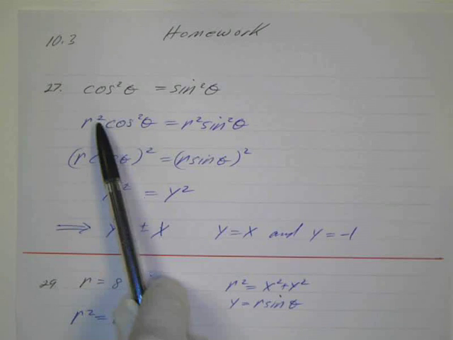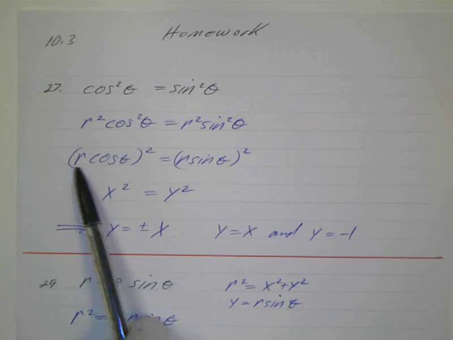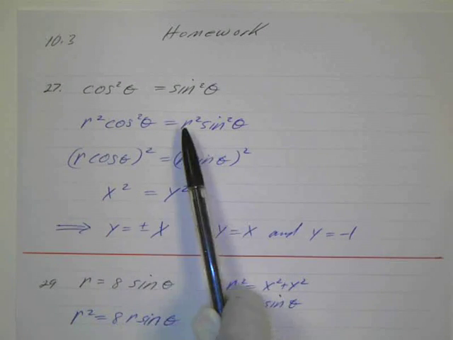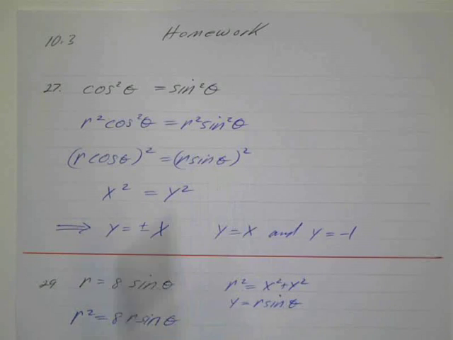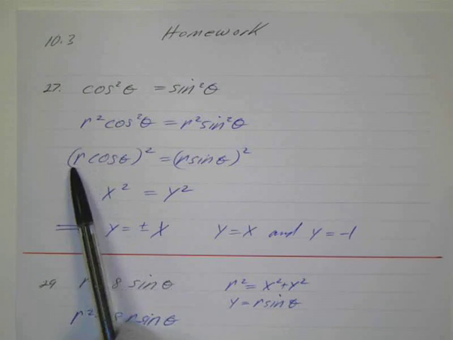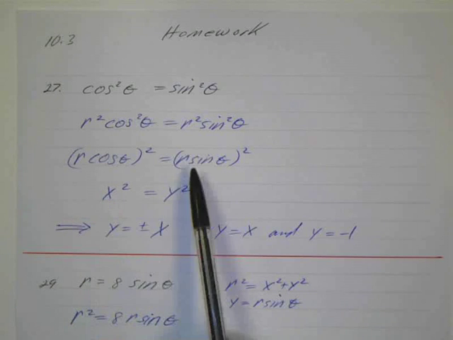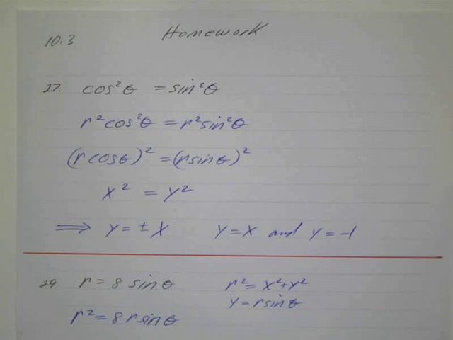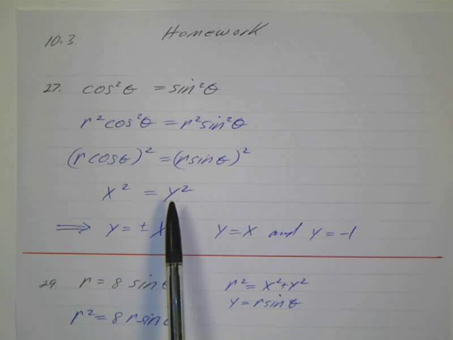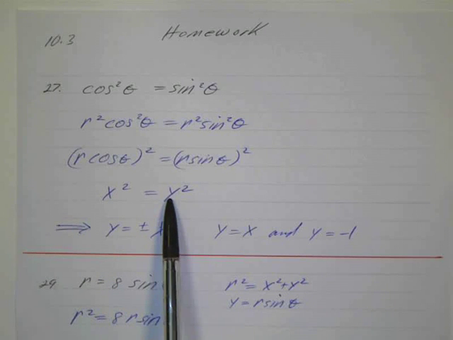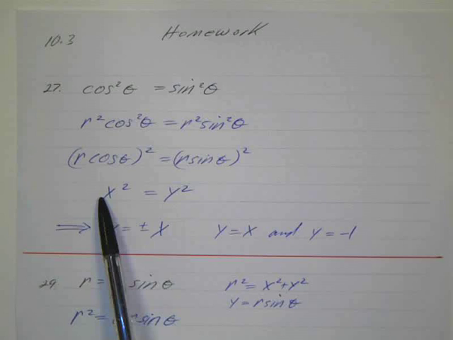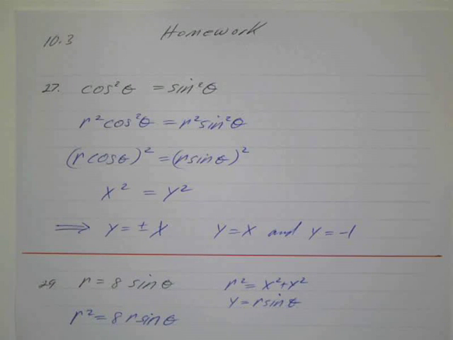Once we do that, we can rewrite this as r cosine of theta squared and r sine of theta squared, just by using our properties of exponents. But this is the same thing as x, so it's going to be x squared, and this is the same thing as y, so it's going to be y squared. So I get x squared equals y squared, or y equals plus or minus x.